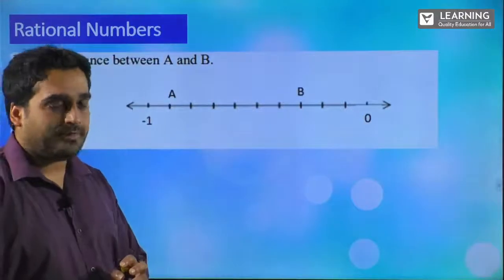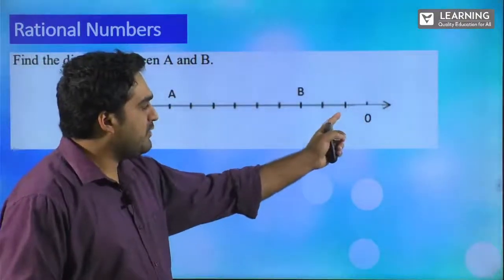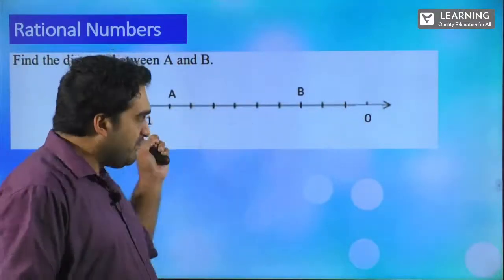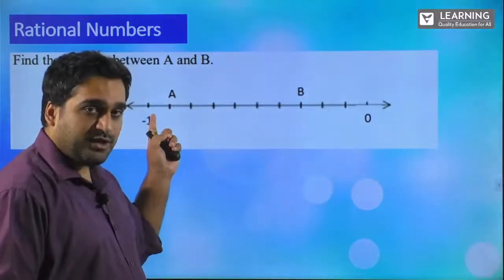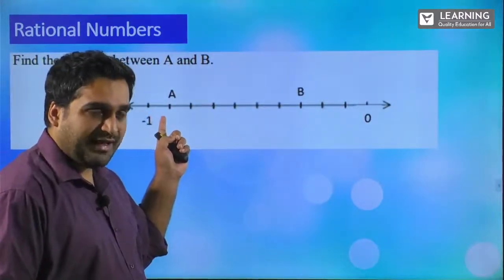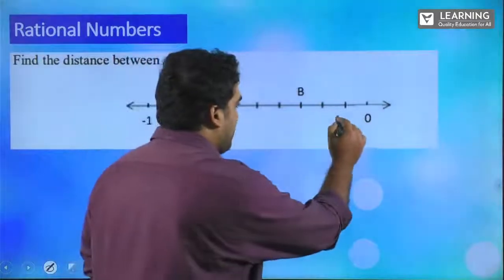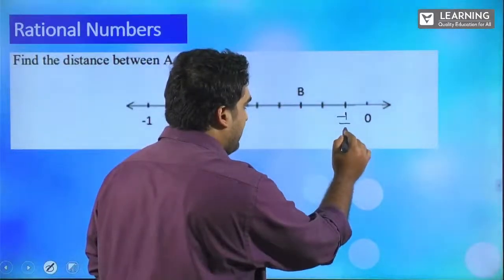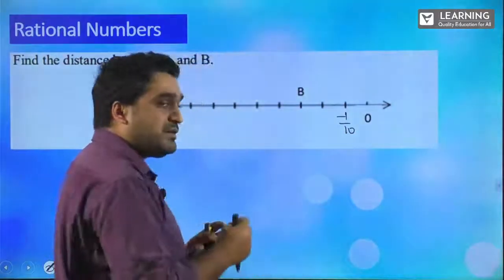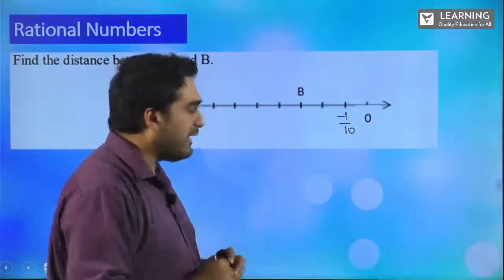Okay. Now that 0 to 1 is cut into 10 parts, we will number each and every single part, starting with 0. So you're going in a negative direction, so make sure your numbering is also negative. The first one will be -1 divided by 10 because it is -1 out of 10 parts.